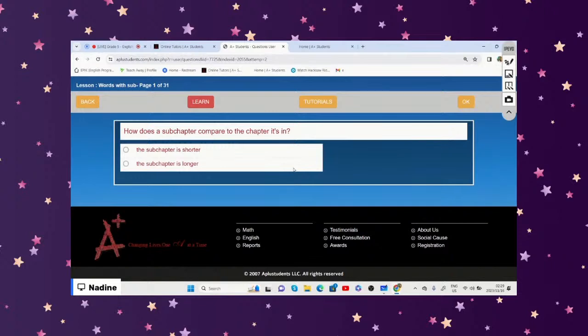So we want to know, how does a subchapter compare to the chapters it's in?